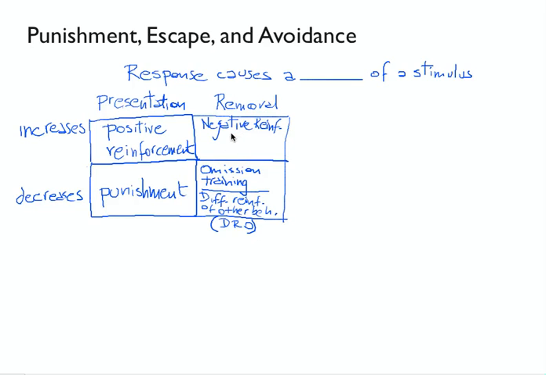Negative reinforcement involves the removal of a stimulus, typically an aversive stimulus, that results in an increase in behavior. And remember, all of these cases are contingent on the occurrence of a response. So the response removes a stimulus that is aversive, that increases the behavior, then we're talking about negative reinforcement.